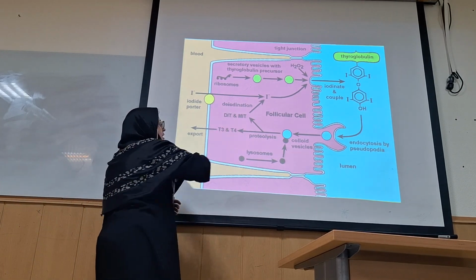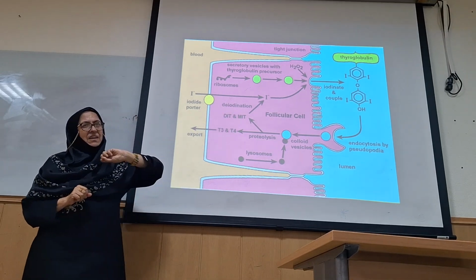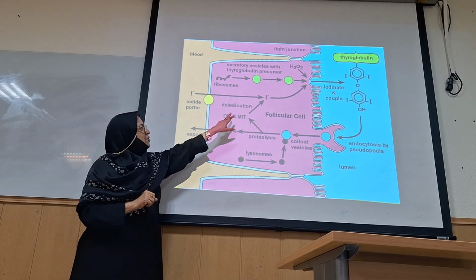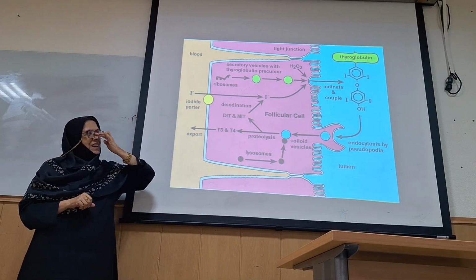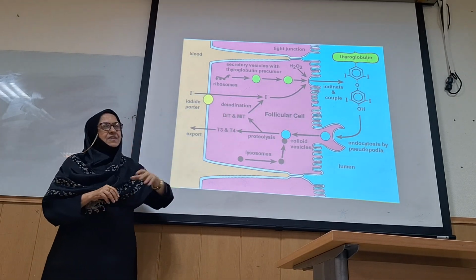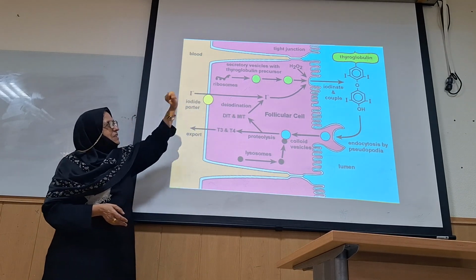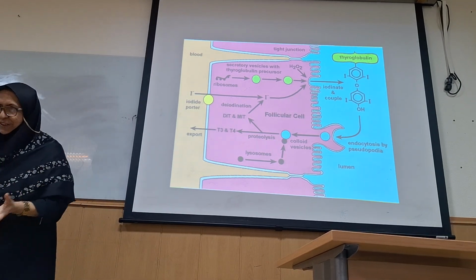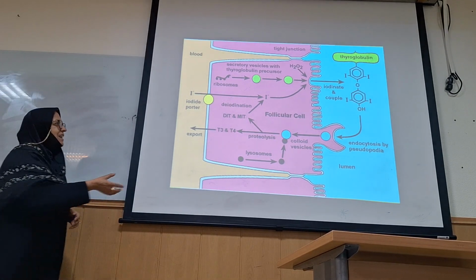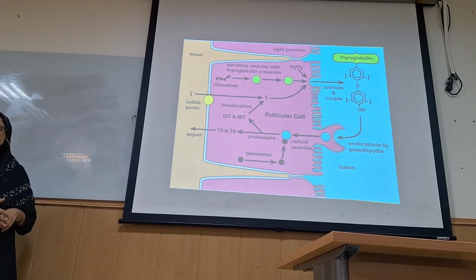DIT and MIT by deiodination convert to iodine and tyrosine. Again, iodine synthesizes thyroid hormone, and tyrosine comes to the endoplasmic reticulum and converts to thyroglobulin. Finally, T4 and T3 remain in the cell.